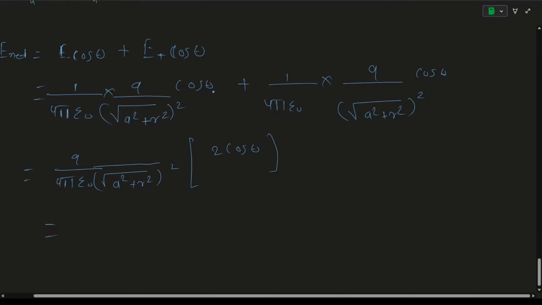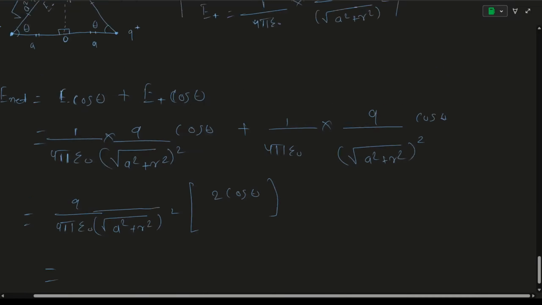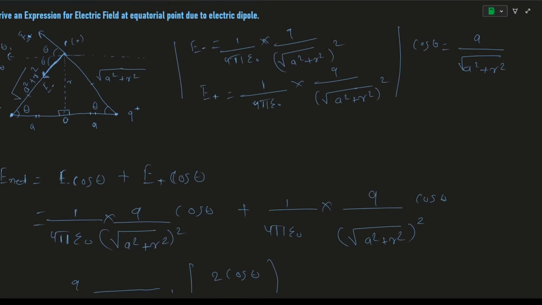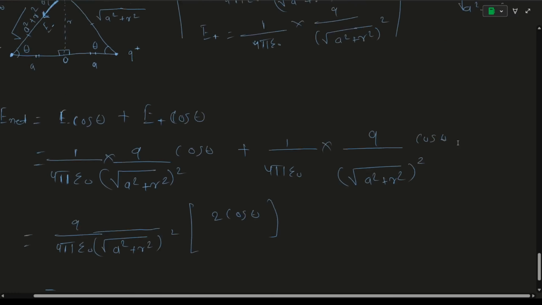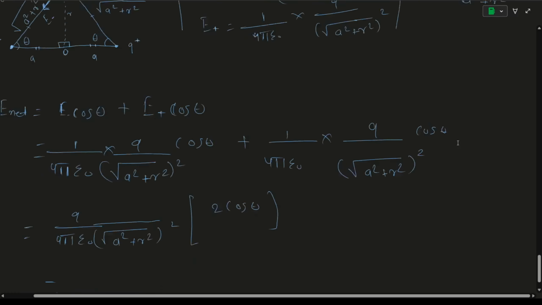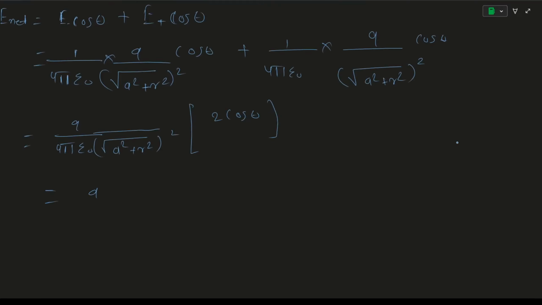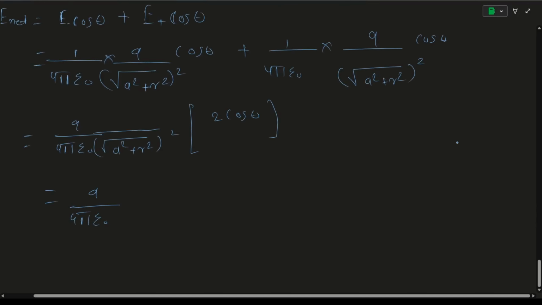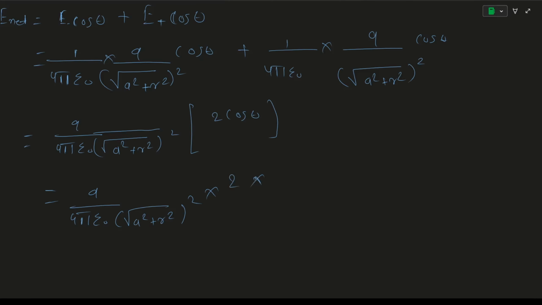Now simply in place of this cos theta, we will put this value, a upon root a square plus r square. So q upon 4 pi epsilon naught, root a square plus r square whole square, into 2 in place of cos theta. Just wait a minute.